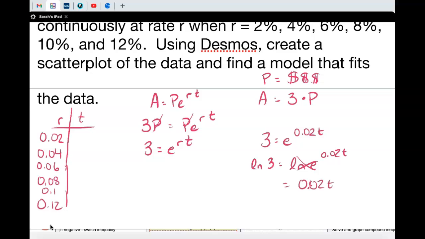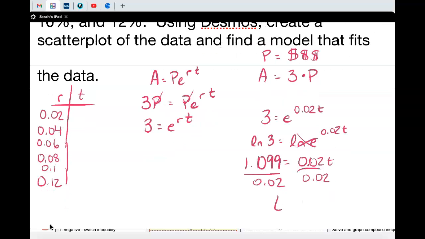The left side is whatever the natural log of 3 is. Good enough. So then divide by 0.02. So then t is approximately.